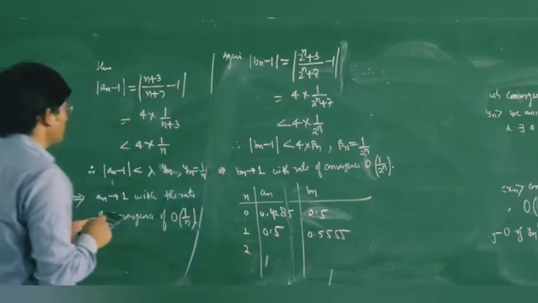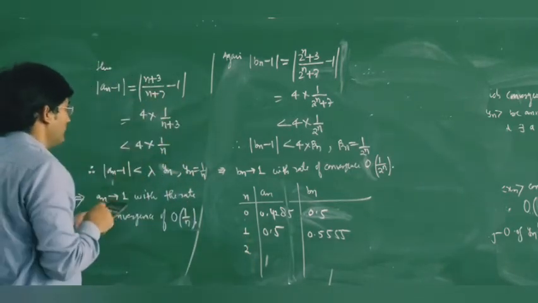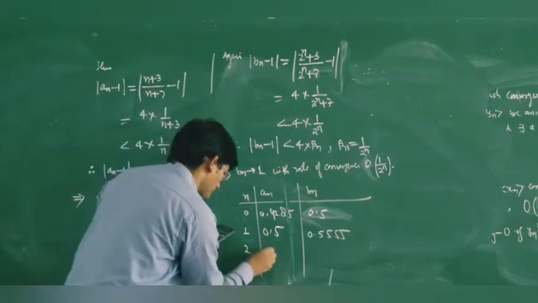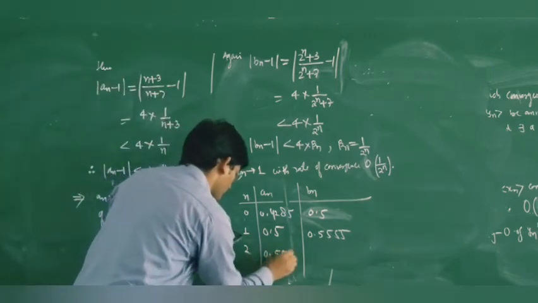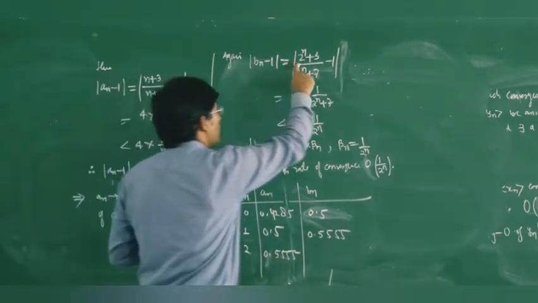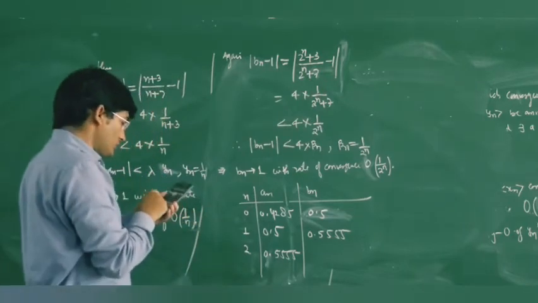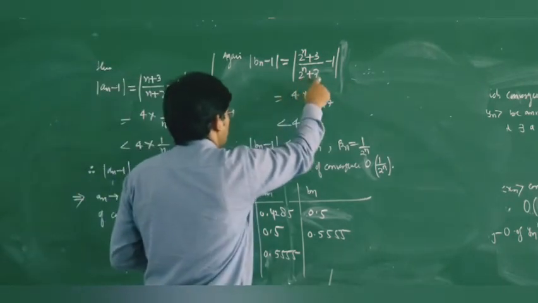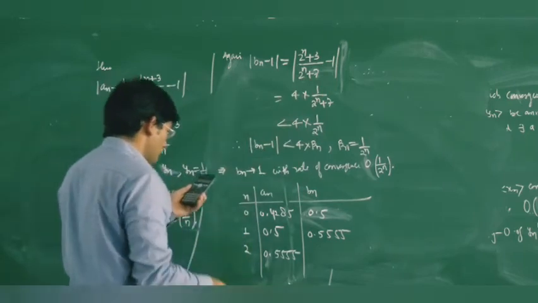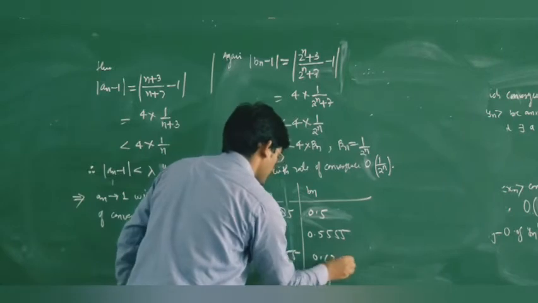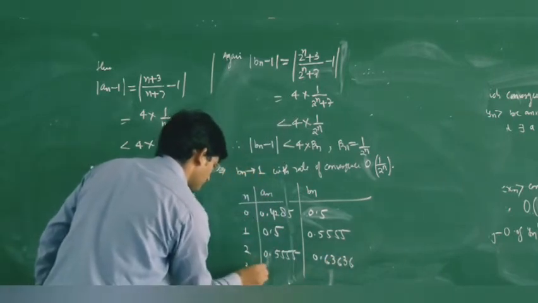If you put n equal to 2, then this will be your 5/9. So this is equal to 0.5555. And put n equal to 2 here. So this will be your 4 plus 3, this is your 7 divided by, if you put n equal to 2 here, then this is your 11. So this is your 7/11. So this is 0.63636.